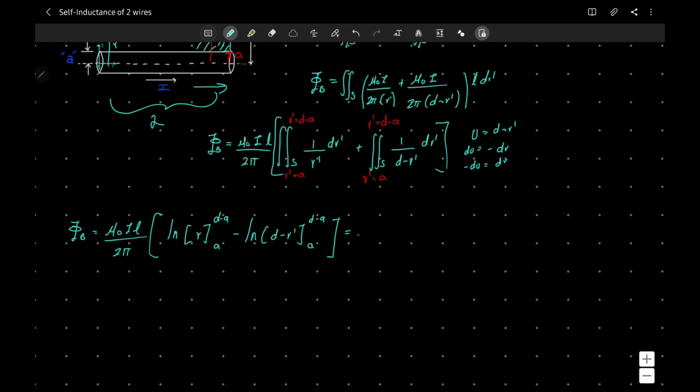Replacing the limits, we have natural log of d minus a over a, and here we have natural log of a over d minus a.